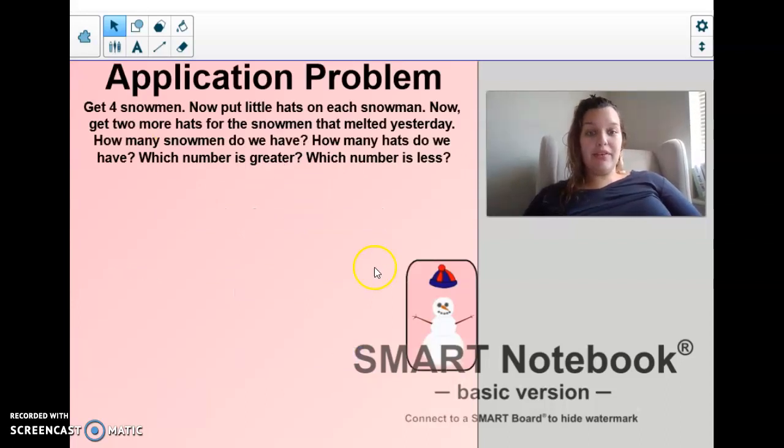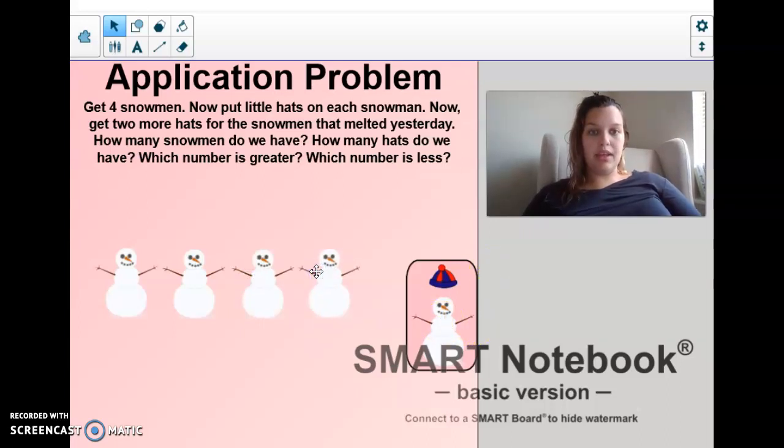Okay, so our first thing we need to do, they've asked us to get 4 snowmen. 1, 2, 3, 4. And then they asked us to put a hat on each snowman.